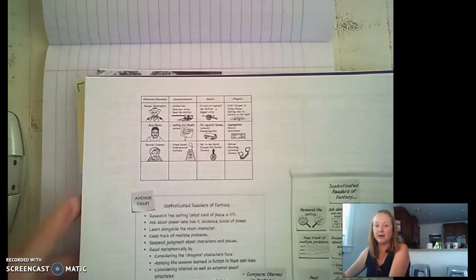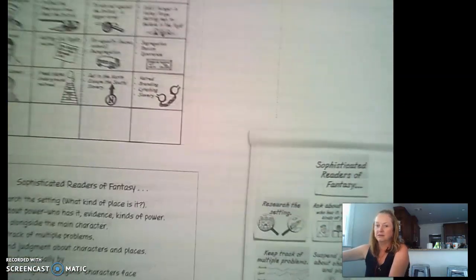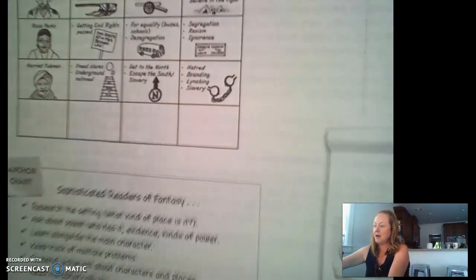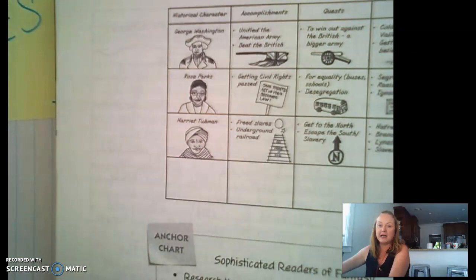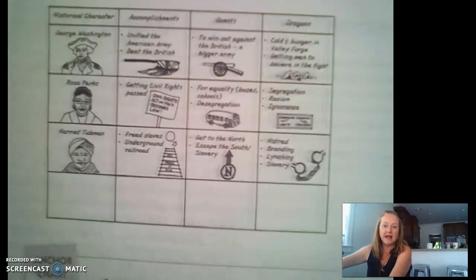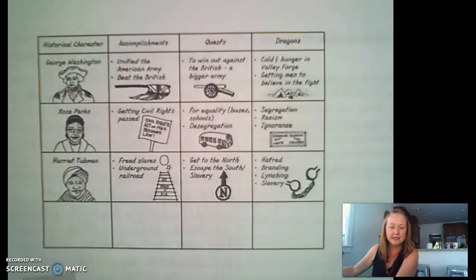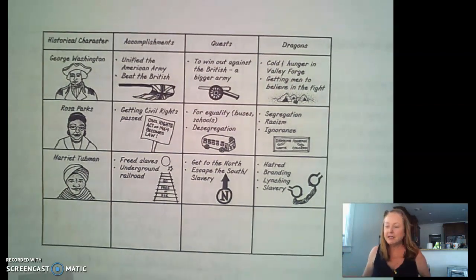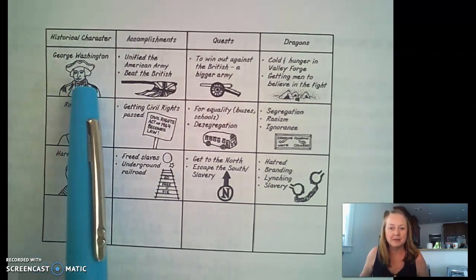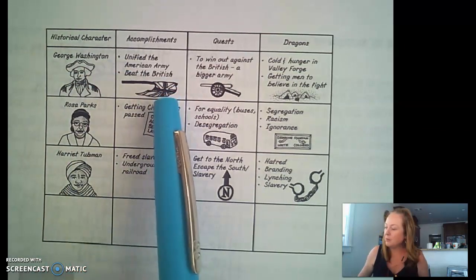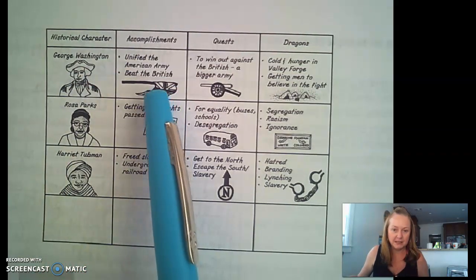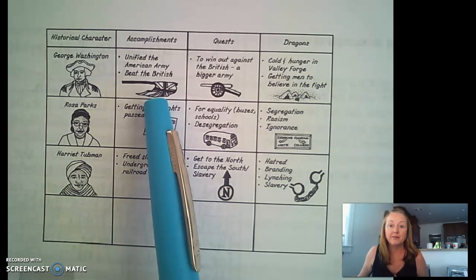I'll show you what I'm looking at. And let's think about the dragons that they fought and how that impacted history. So let's start with George Washington. Here are some bullet points of his accomplishments. What he did, he unified the American army and he beat the British. That's a huge accomplishment in our history.